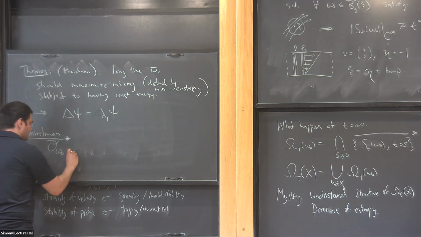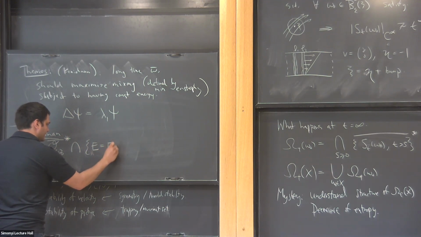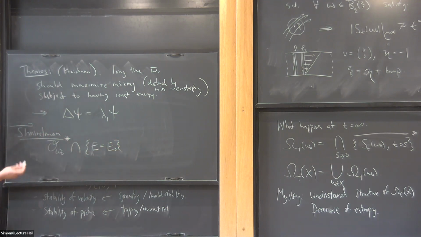Now, to get closer to the Euler equation, let's intersect this set with those vorticity fields that have energy equal to the one corresponding to omega 0. So now we remove the irrelevant ones that don't conserve energy. This set, by the way, of course contains the omega limit set from that given initial data. So at least the Euler solution is living in this set, but it doesn't have to be that set, and in general it won't be.